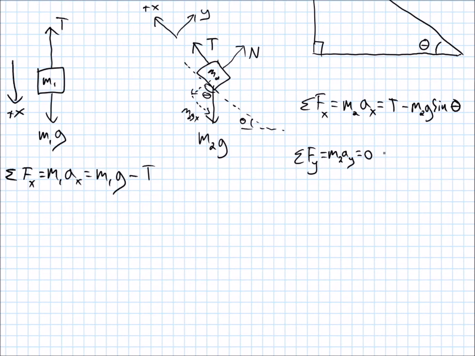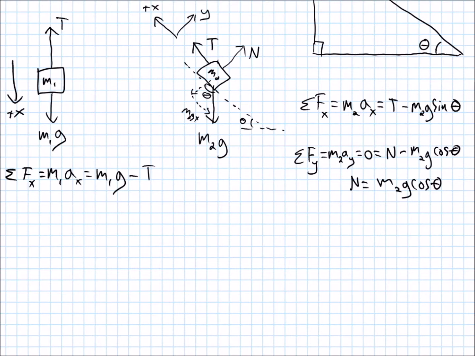So that's 0, but it's also equal to N in the positive y direction minus the other component of gravity, M2g_y, which is M2g cosine of theta. It must be the cosine if the other was the sine. So this equation is pretty much just telling me that N is equal to M2g cosine of theta, if I even needed to know that.